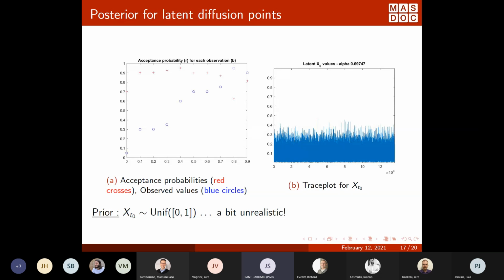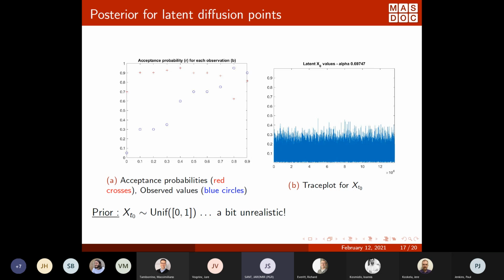I should also say that we have assumed that the prior on our initial point xt0 is uniform 0,1, which is a bit unrealistic, because the data sets that are highlighted by geneticists as having selection acting on them will be the ones that start at low values and then end up at some high value, like the plots we saw at the very beginning of the presentation.